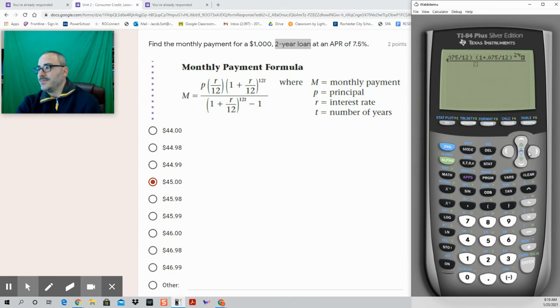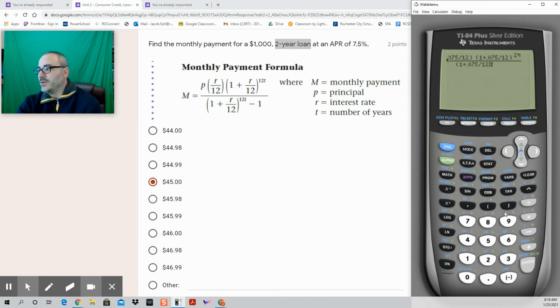And notice that, without even thinking about it, I'm already dropping this cursor back down where I want it. But now I'm done with the numerator, so I need to get to the denominator. I'm going to press the down button to get down to the denominator. There I am. Now I'm going to do 1 plus the rate, 0.075 divided by 12.